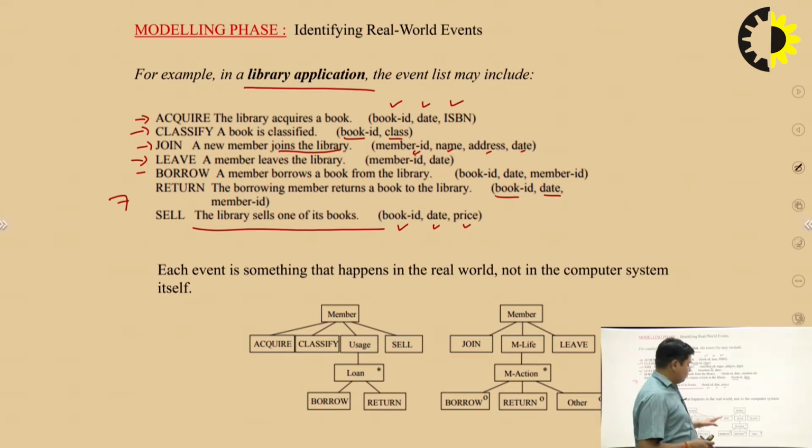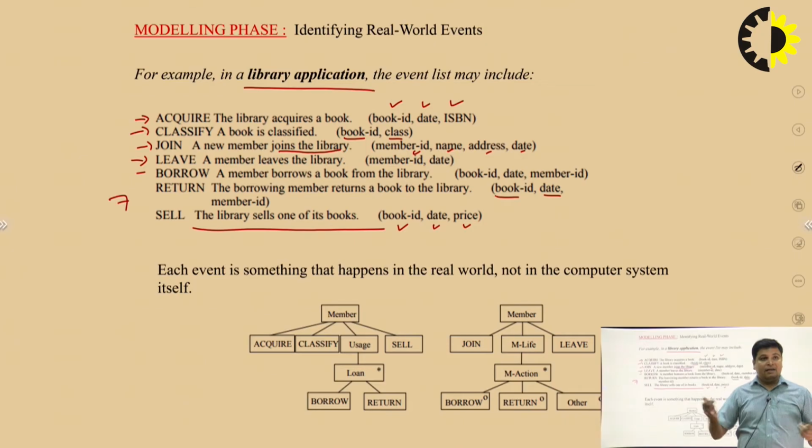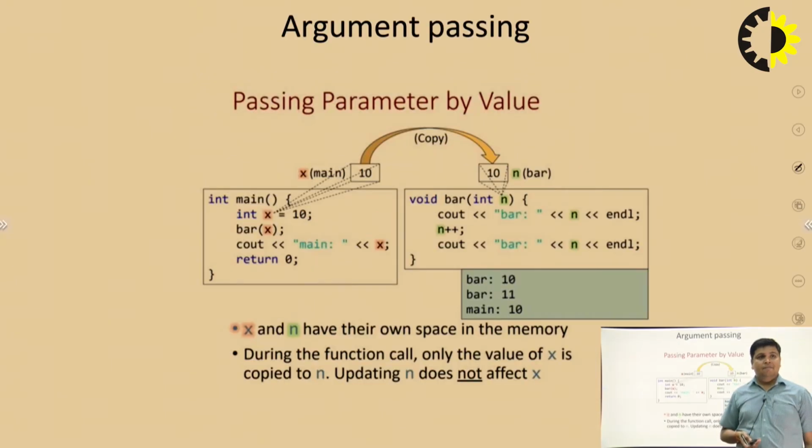Similarly, a member may join, may leave, or may renew membership. These are the actions for a member: return, borrow and others. So these are some events which I will cover and define, or you can define according to your particular application domain. I think you understand how this is done.